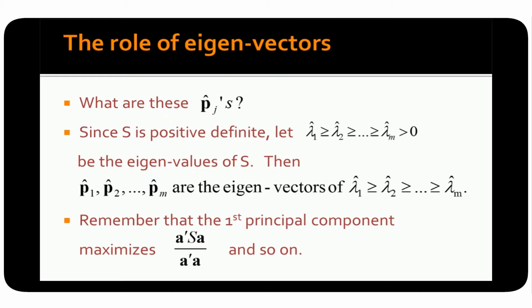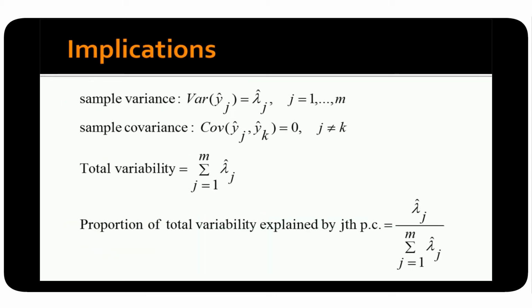I am not going to prove these results, and we can show that this first principal component would be maximizing A prime S A by A prime A, and the technique would be exactly similar. And once we have computed all the principal components this way, we can also show that the sample variances of these principal components, that is yj hats, would be lambda j hat, and this is true for all j equal to 1 to m.